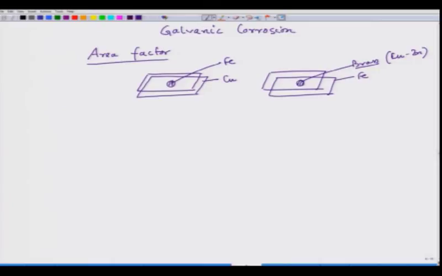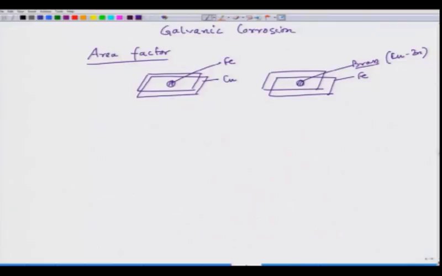In these two cases, if we dip these two riveted objects in HCl solution, 3.5% NaCl solution, we would see that the iron rivet joining two copper plates would lose its strength quickly as compared to the brass rivet which is fastening two iron plates.